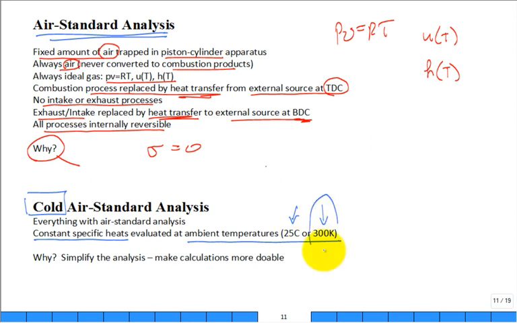Typically, I run with 300 Kelvin, although a lot of places, it's at 25C. Great, fine. There's not much difference, right? So you can really make some simple calculations with that assumption of being cold, having a constant specific heat. You ready to press on?